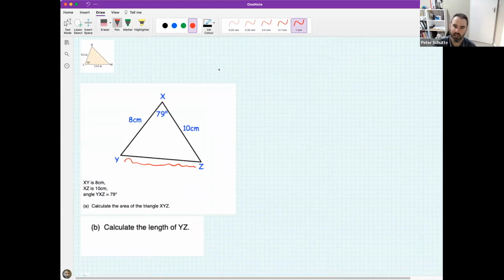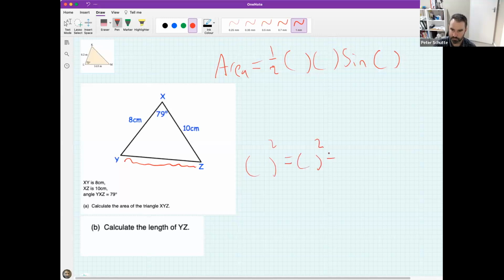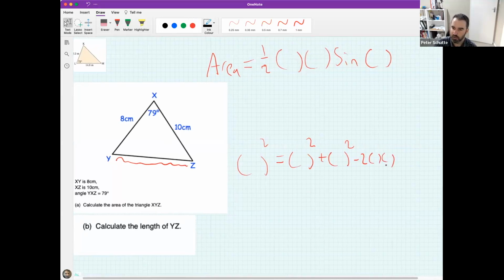And I'll give you a little hint: the area rule should have that structure, whereas the cos rule should have this structure. And I want to see if you can figure out those values for me.